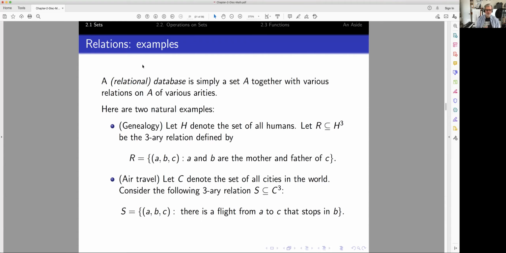Air travel. Let C denote the set of all cities in the world. You could say cities with an airport. And here's a 3-ary relation on C. It's a subset of C cubed. It's the set of all triples A, B, C such that there is a flight from city A to city C that stops in city B. This is actually rare, but it exists.